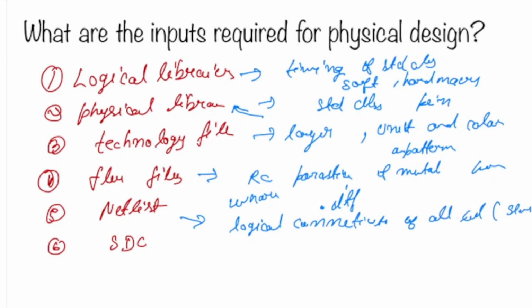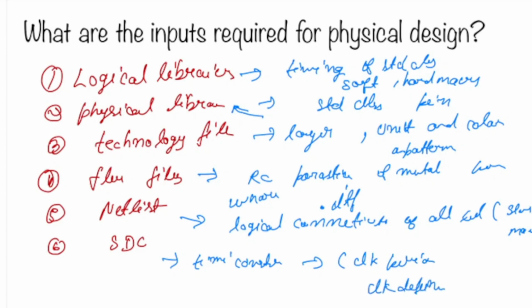standard cells and macros. In SDC we have timing constraints like clock period, clock definition, max delay, min delay, exceptions like multi-cycle path, false path, half cycle path, and input delay, output delay.